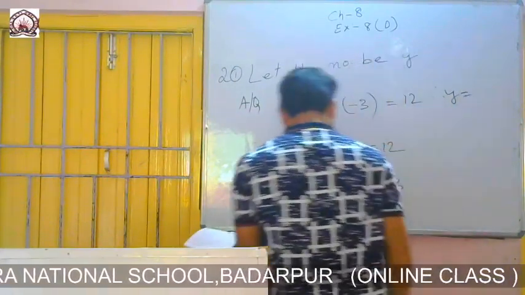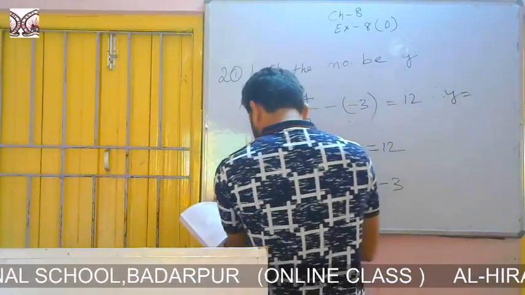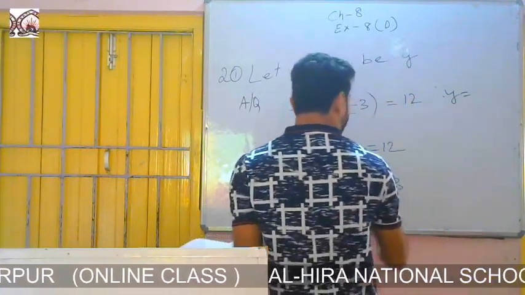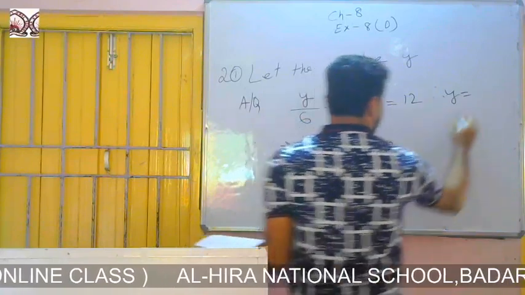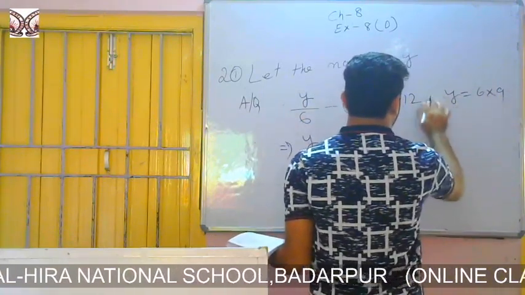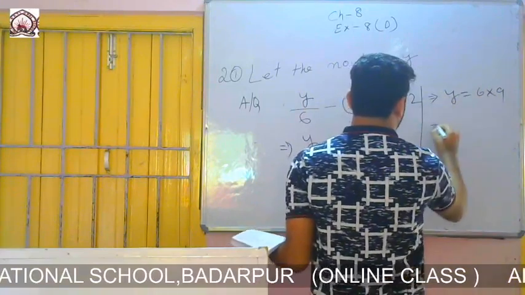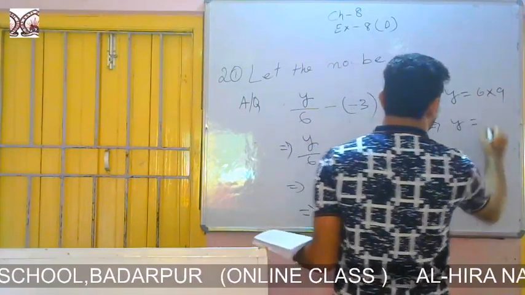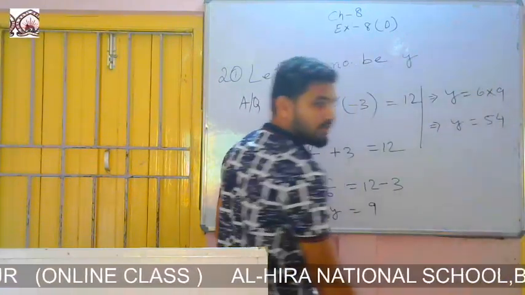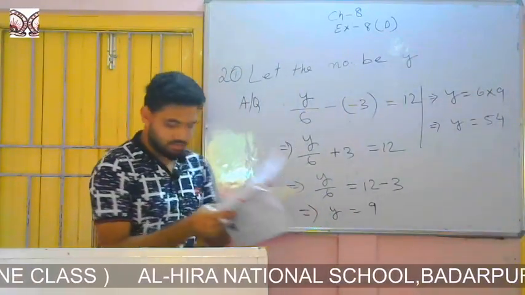Y equals to, then I can write y equals to what? 6 into 9. And y equals to 54. Y equals to 54.